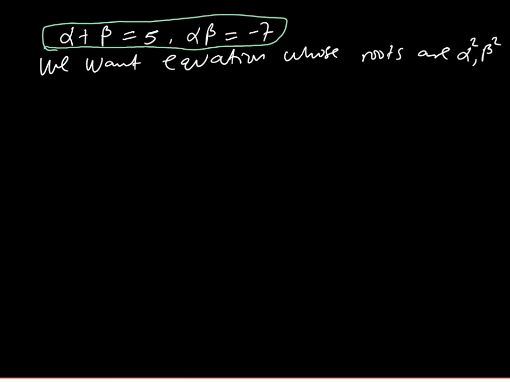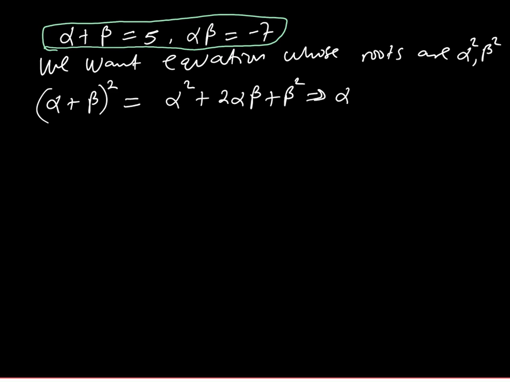Let's look at alpha plus beta squared. If you expand this, you end up with alpha squared plus 2 alpha beta plus beta squared. It will mean that alpha squared plus beta squared is alpha plus beta squared minus 2 alpha beta.